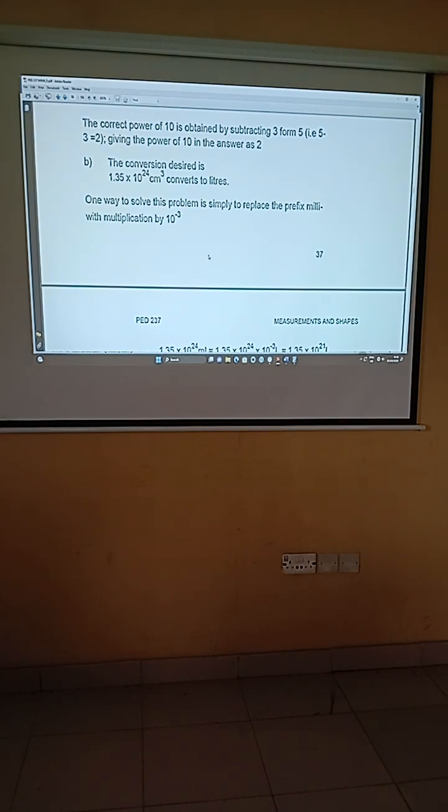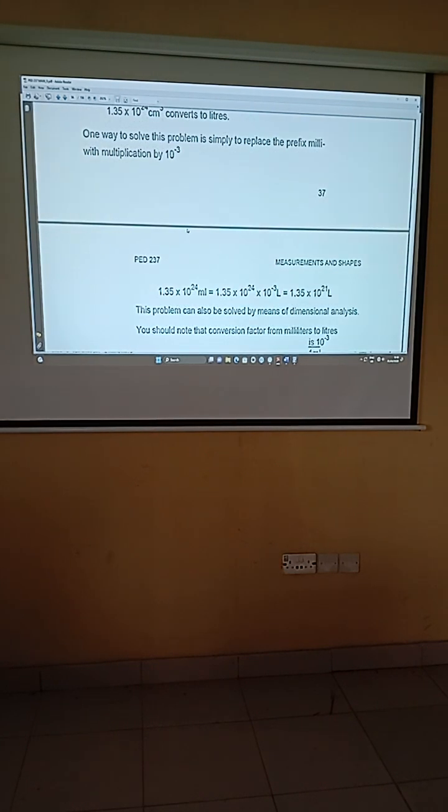We already know that milli is 10 to the power minus 3. So it's always necessary to know the factors. Once you know the metric factors, then you can easily solve the problems. So I'll advise you to look up metric factors and study very, very well. If I see factors, I identify them, I know them because I've studied it. So I want you too to do the same.